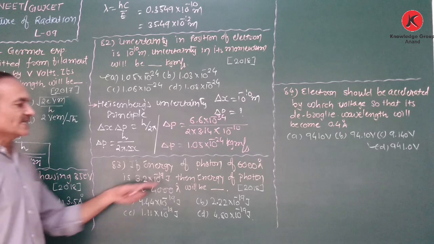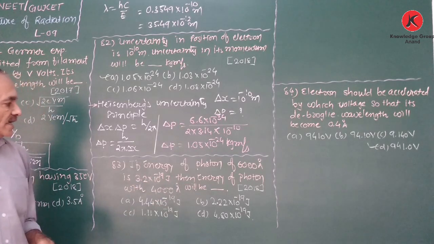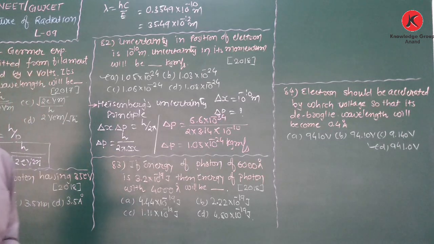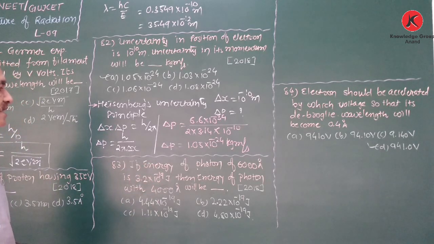After that, the next question asked in 2018. If energy of the photon of 6,000 angstrom is 3.2 into 10 is to minus 19 joule, then the energy of photon with 4,000 angstrom wavelength will be.